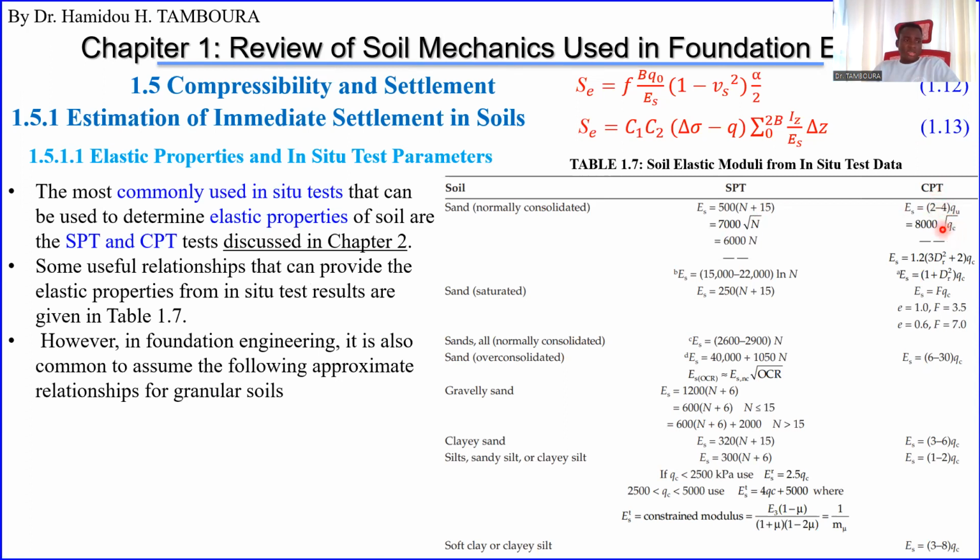And for CPT, the qc from the CPT test. So for sand, from the SPT N value or qc, you can obtain this. Saturated sand, normally consolidated sand, overconsolidated sand, gravelly sand, clayey sand, sandy silt, and silt or clayey silt.